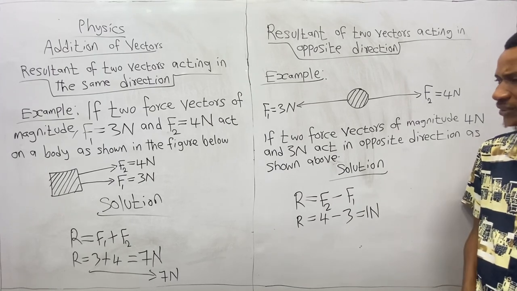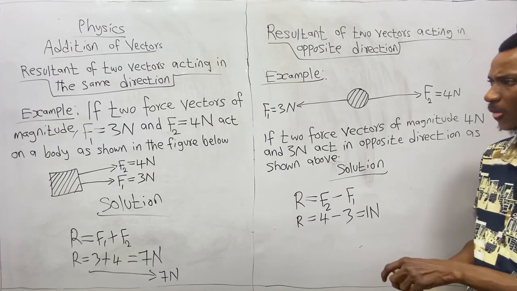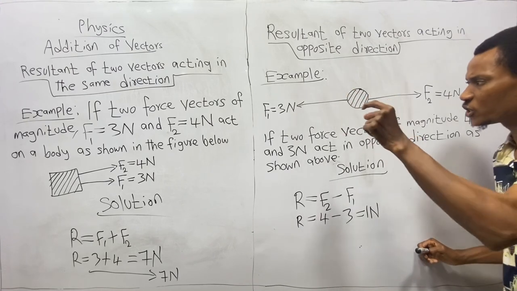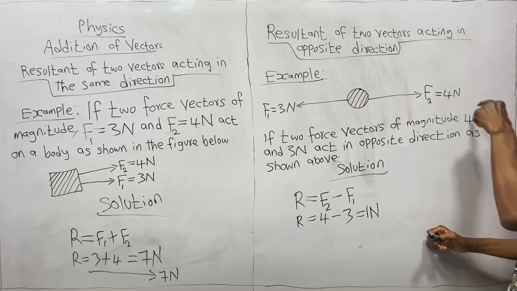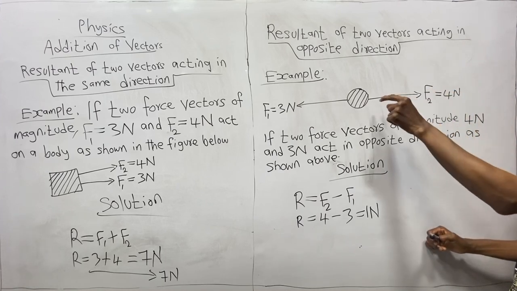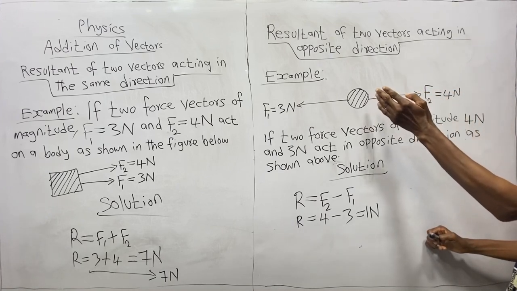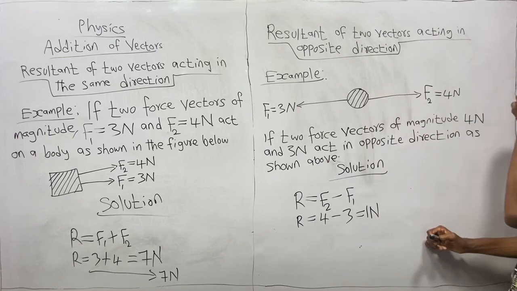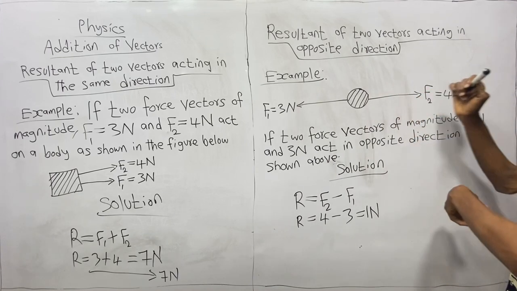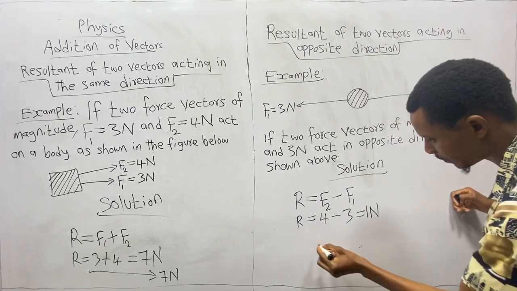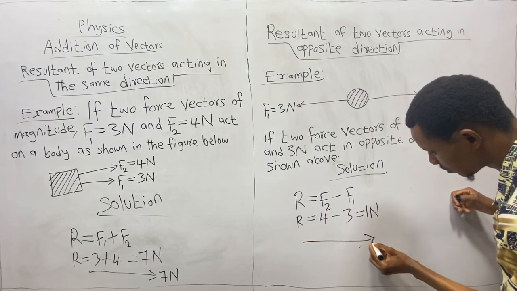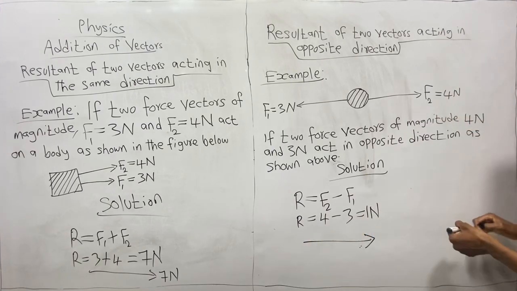Now, how do we get the direction of the resultant force vector? The direction would be the direction in which the bigger vector is acting. And if you observe very well, the bigger vector is acting to the eastern direction. It's acting to your right. So therefore, the direction of the resultant vector will be like this, acting to the right.